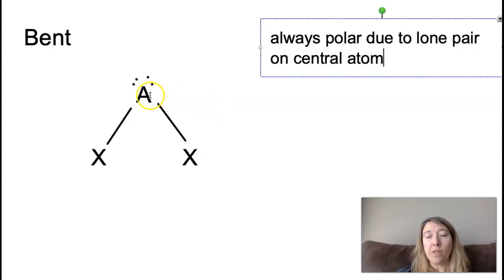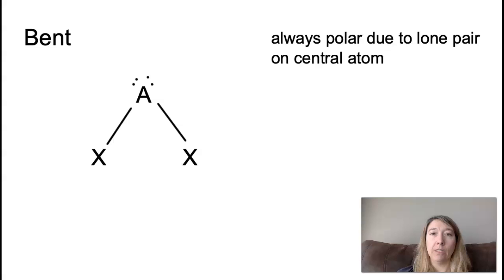So I'm going to look at the electronegativity of A, and I'm going to look at the electronegativity of the X. If the A is more electronegative, then we're going to pull up between those lone pairs, or if we only had the one lone pair, we would pull up towards that lone pair. So we're going to go up this way if the A is more electronegative than our two X's.